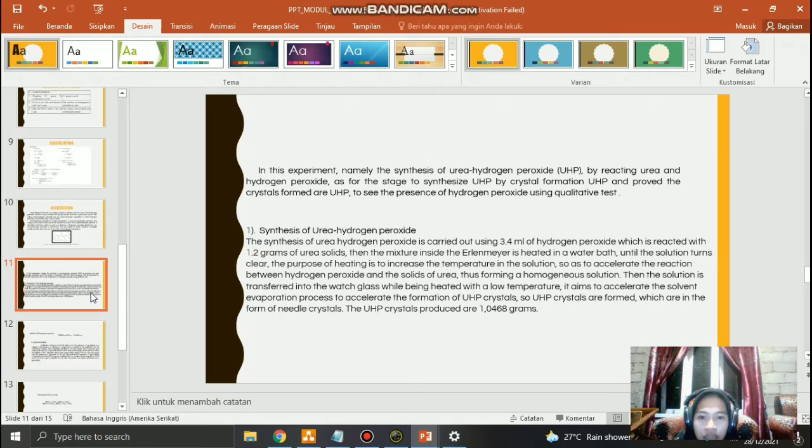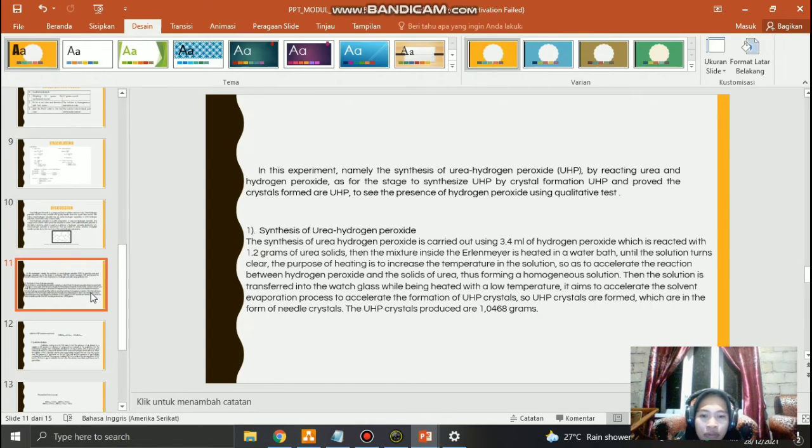Synthesis of urea hydrogen peroxide. The synthesis is carried out using 3.4 ml of hydrogen peroxide, which is reacted with 1.2 grams of urea solid. Then the mixture inside the Erlenmeyer is heated in a water bath until the solution turns clear.